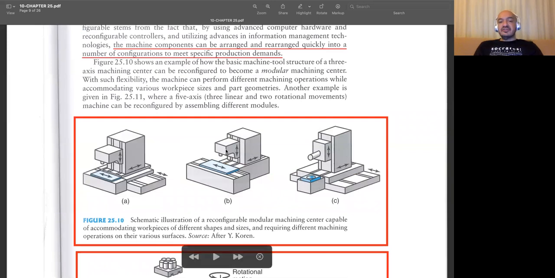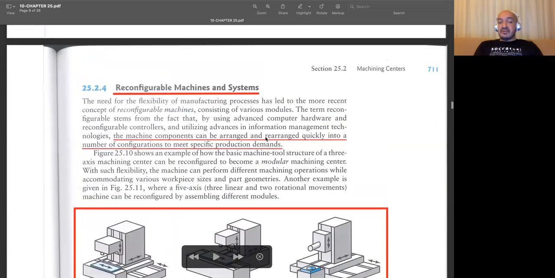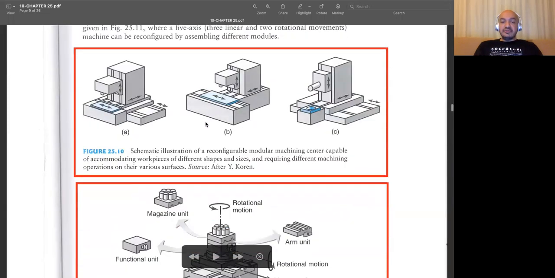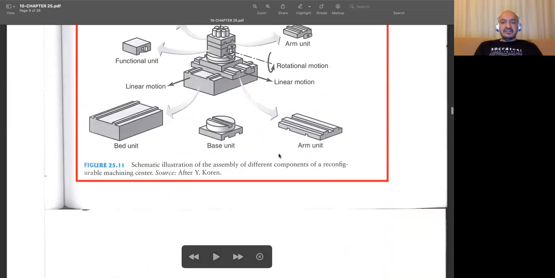You may sometimes change the spindle. For instance, in A and B, we have a vertical spindle, but in C, we have a horizontal spindle. Depending on the capabilities of your reconfigurable system, you may make such modifications so that you will be spending less time on mounting and you can decrease your manufacturing times.